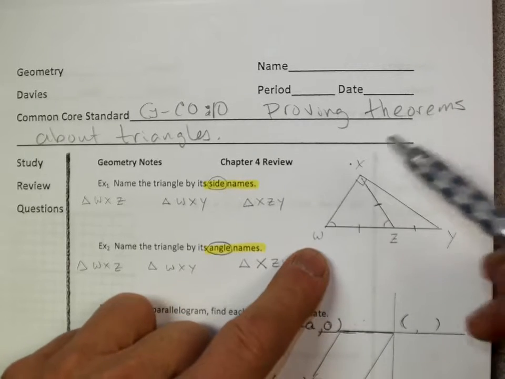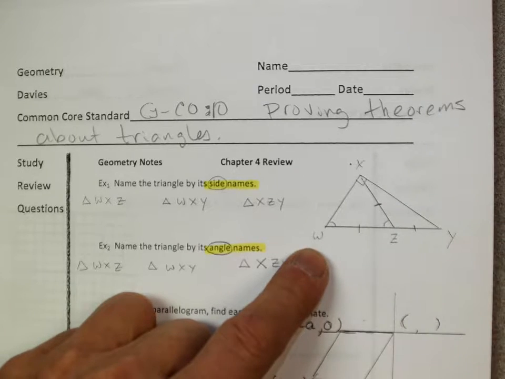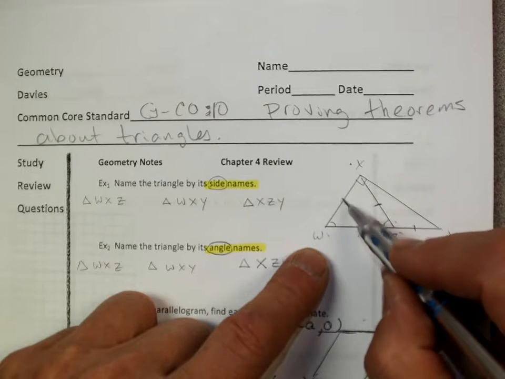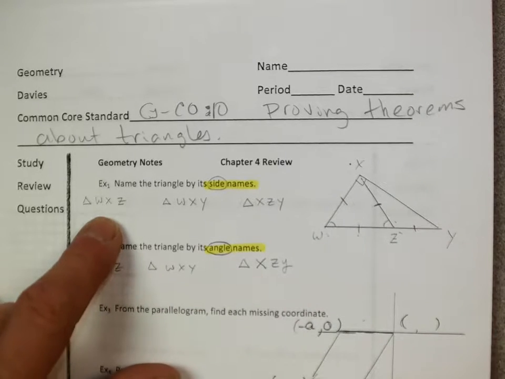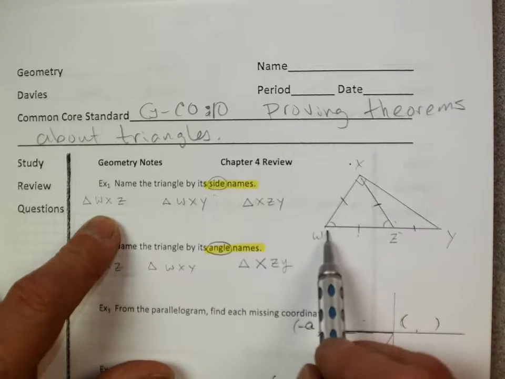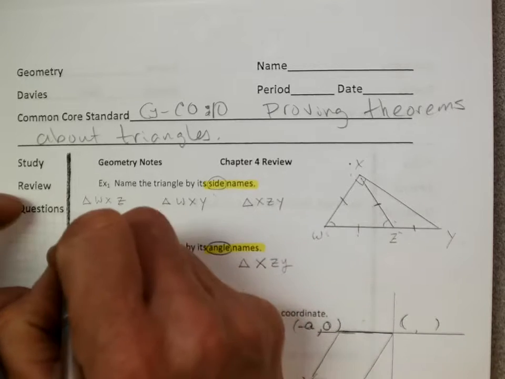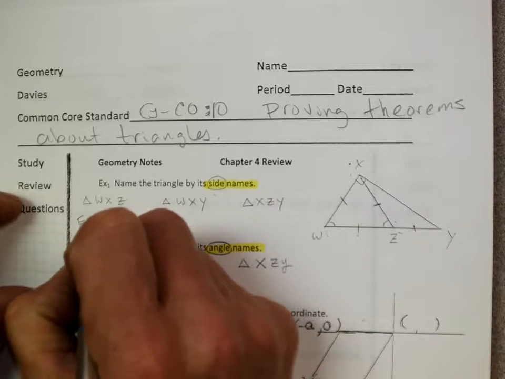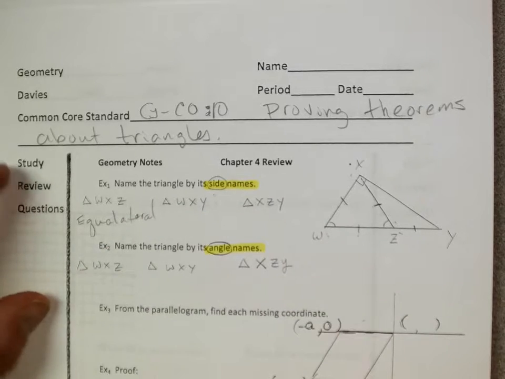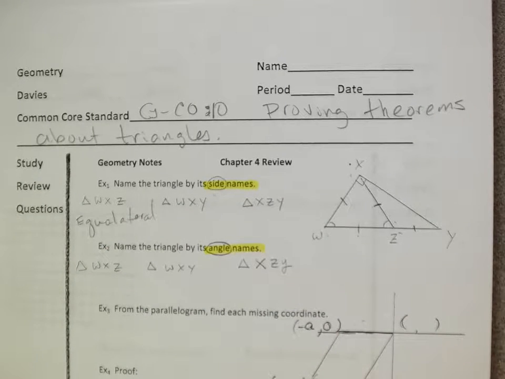If these two angles are equal, these two sides are equal, this side's got to also be equal, right? So we're not going to call it equal angular, by sides we're going to call it equilateral. All three sides are equal, it's an equilateral.